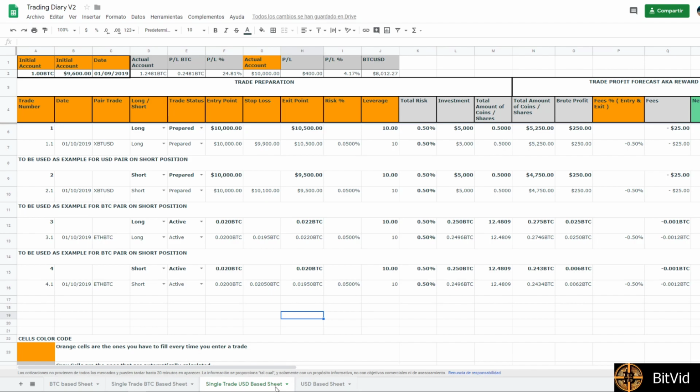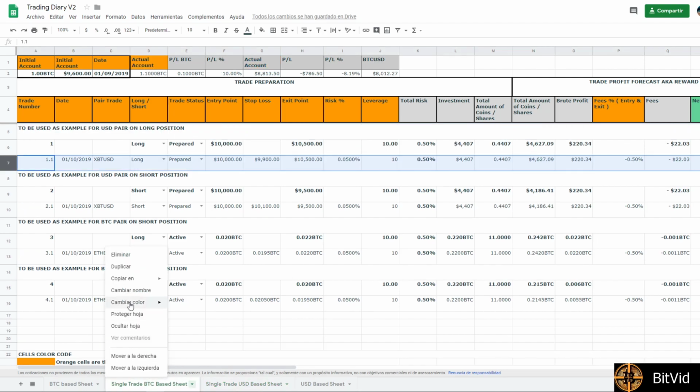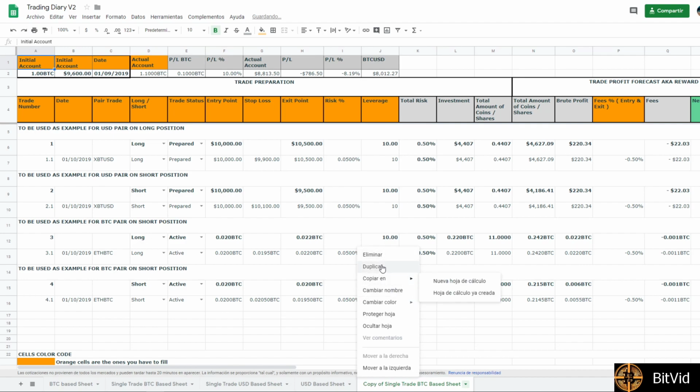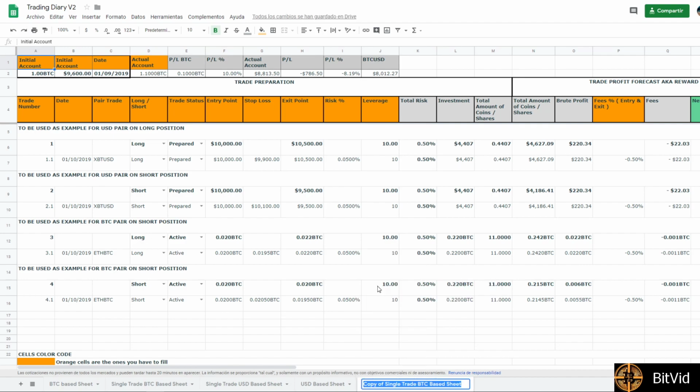Okay, so for example, we will create one sheet for every exchange we have. Let's imagine that we have one account in BitMEX. What we will do is copy this, duplicate, move it to the right, rename, let's say BitMEX.